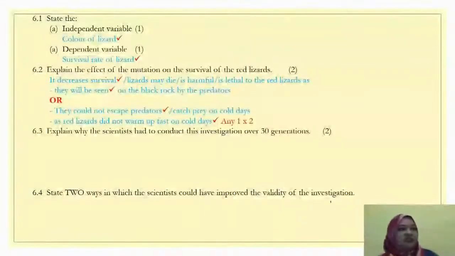I've got a question here. How does a red lizard or lizards warm up? Lizards are what we call ectothermic animals. They can't regulate their own body temperature like we do. We are endotherms. They are ectotherms.